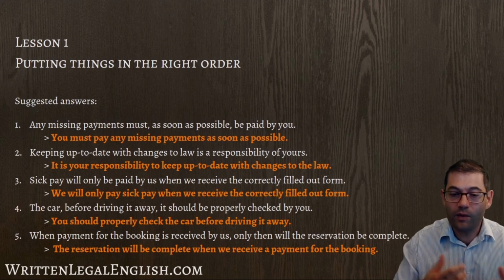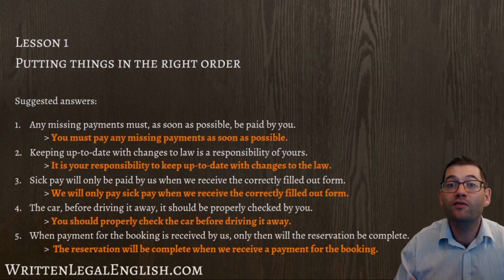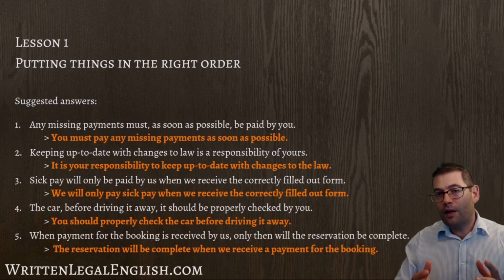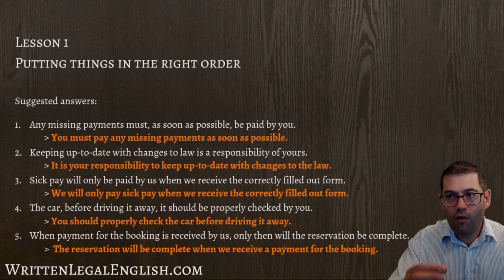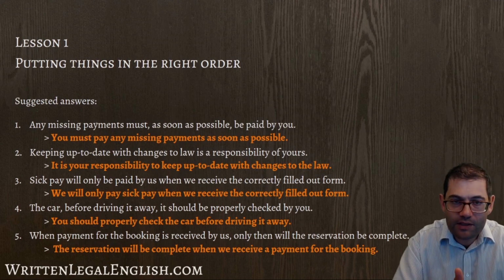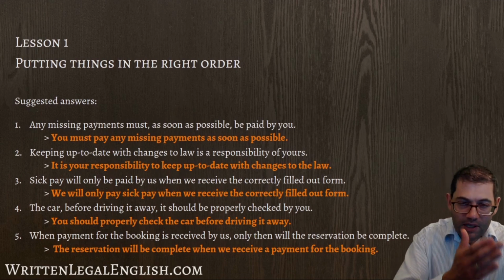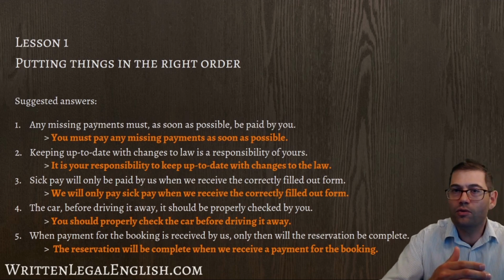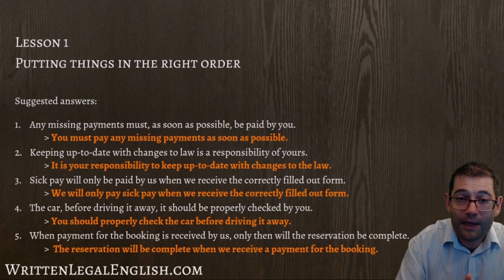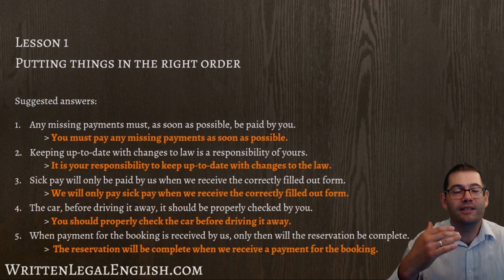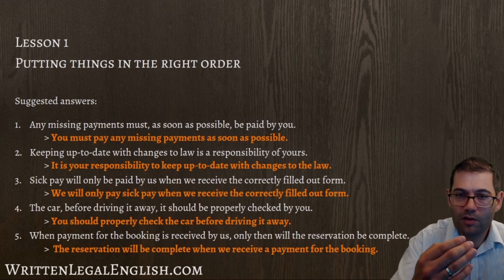Or for number 5, when we receive a payment for the booking, the reservation will be complete. So we can say that. But for the purposes of clear communication, I would always recommend putting the main clause first. So putting the main idea first and then the condition or the result or whatever it might be. And that way, I think, personally, it's a better form of communication to the reader.